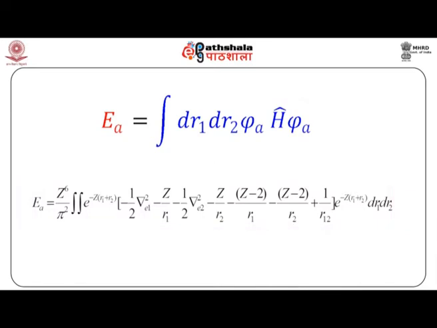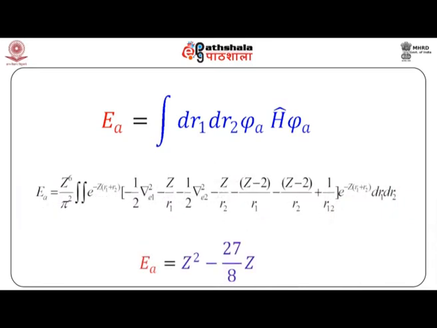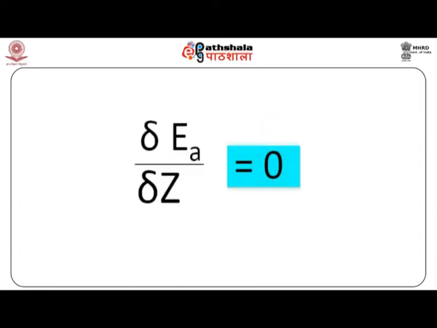This on integration gives equation 17, that is the simplified expression for energy, which is equal to z square minus 27 by 8 z. As it is already known that z is an adjustable variation parameter, now in order to minimize the approximate energy, equation 17 is differentiated with respect to z and equated to 0.